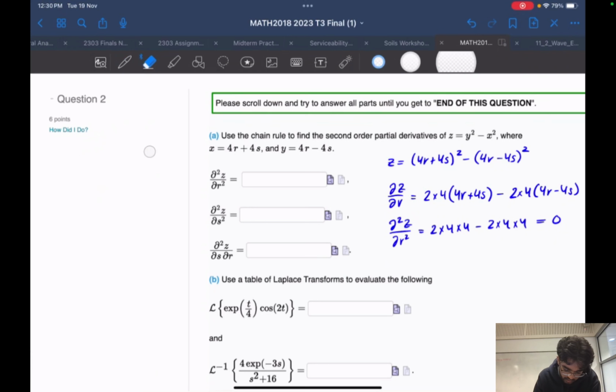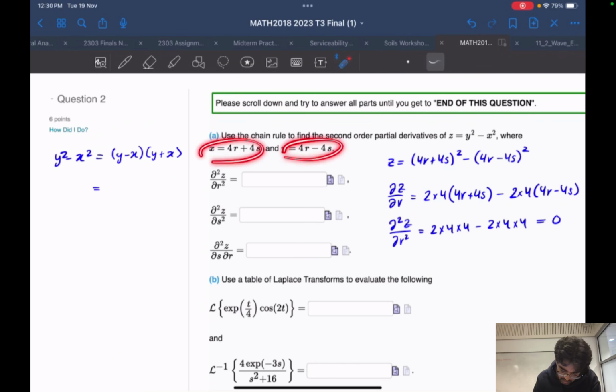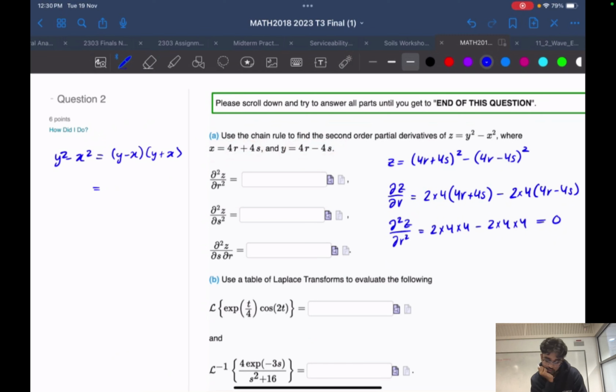Oh, well, in this case, y squared minus x squared is equal to y minus x, y plus x. And so this is pretty much equal to y minus x. You get, why would we do y minus x? Goodbye, bro.